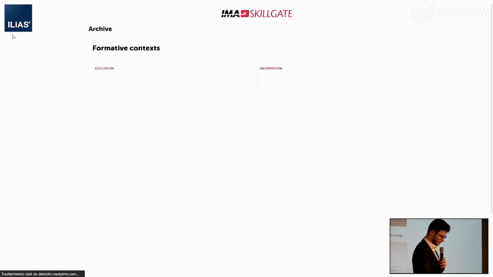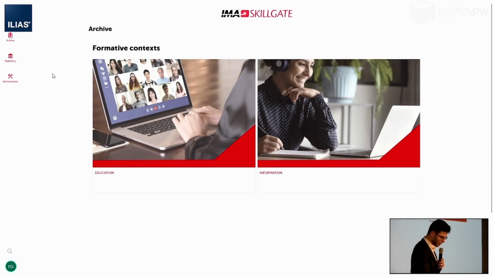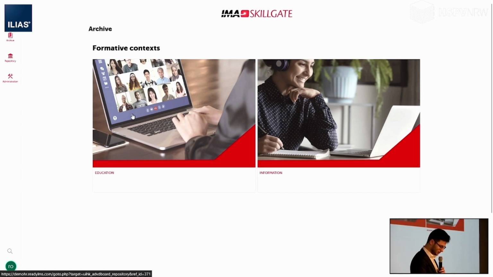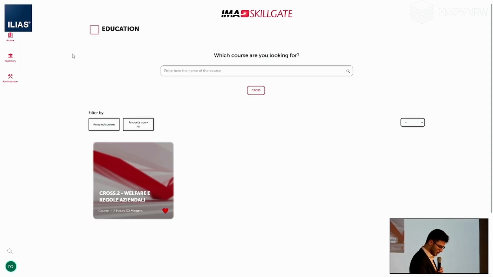Then in the repository, this is an extra step where I can choose between two or more different folders of ILIAS. For example, I go to here, and here I have again the search bar.